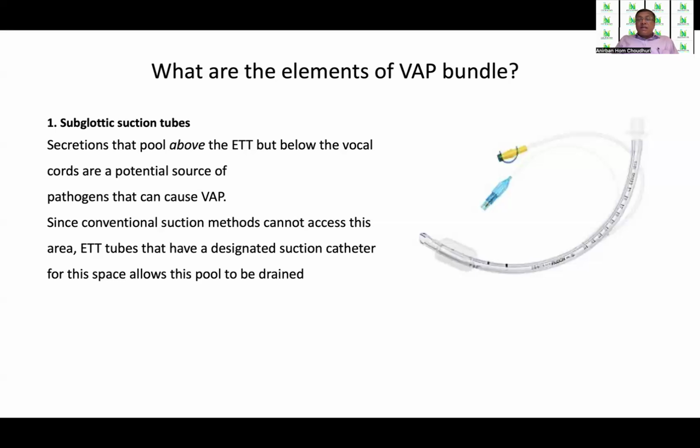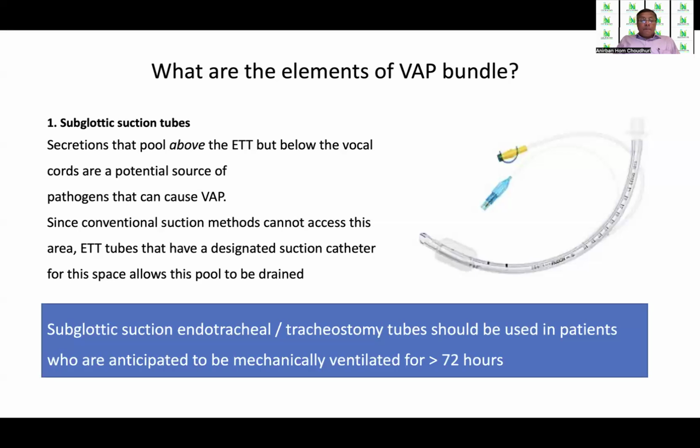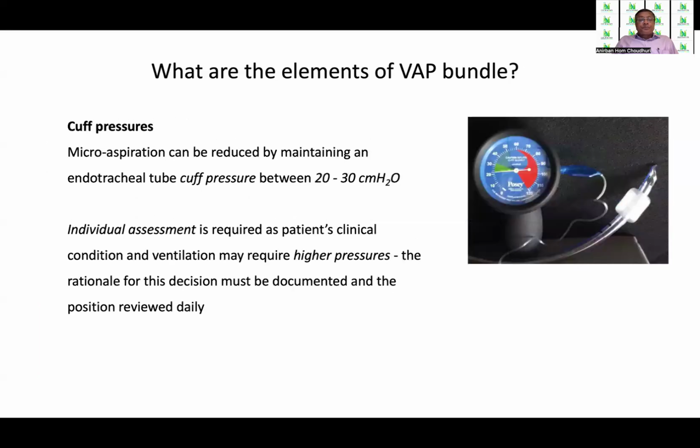So this is a well accepted and adjudged component which is a part of the VAP bundle. And whether the patient is on an endotracheal tube or a tracheostomy tube, subglottic suction should be used in patients who are anticipated to be mechanically ventilated for over 72 hours.